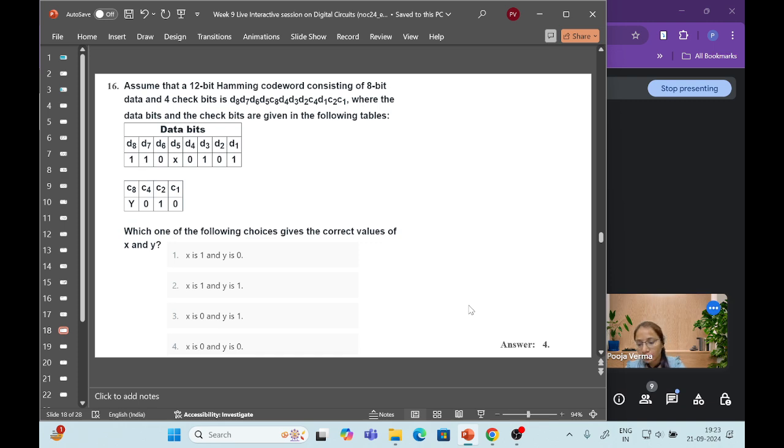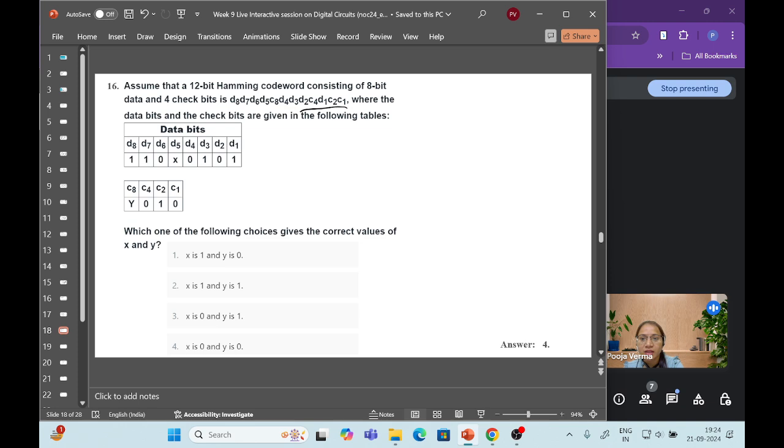So the next question is the one I was talking about, where we can write from this side or this side. If in the question it is written from this side, assume a 12-bit code word consisting of 8-bit data and 4 check bits, that is D8, D7, D6, D5, C8, D4, D3, D2, C4, D1, C2, C1.